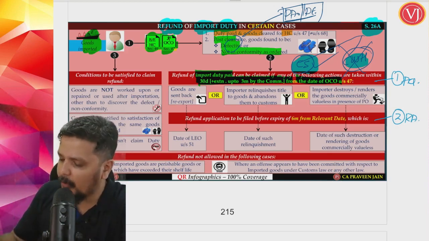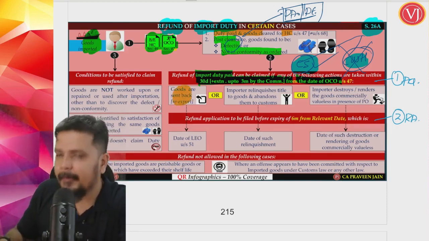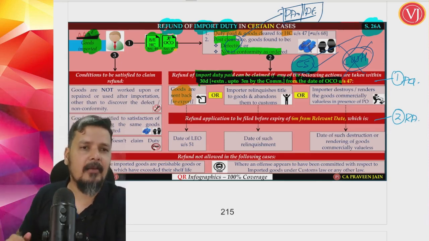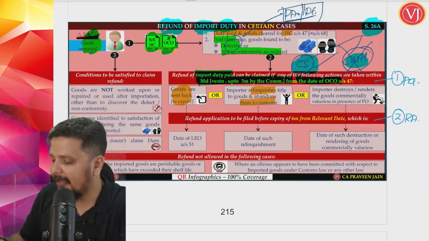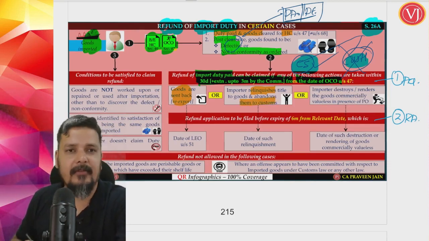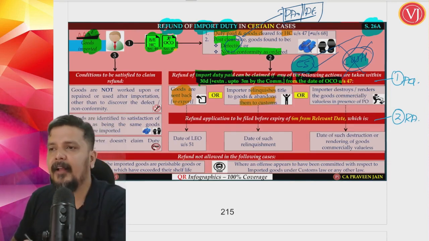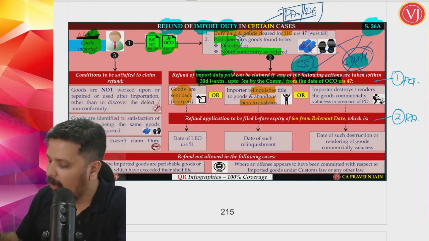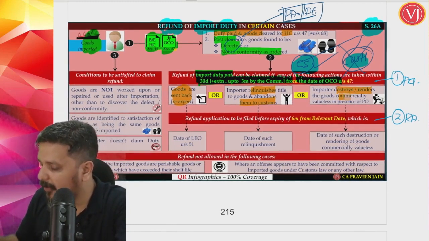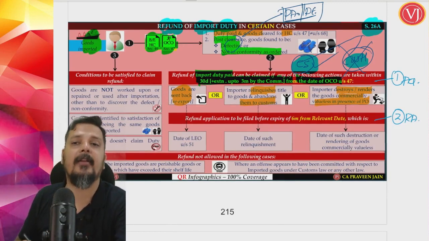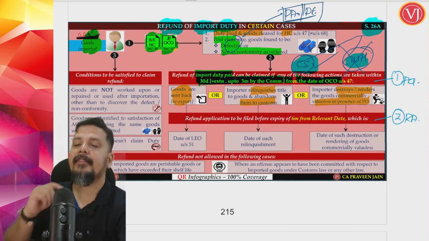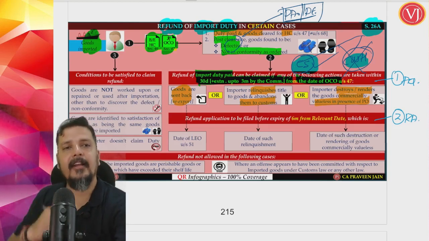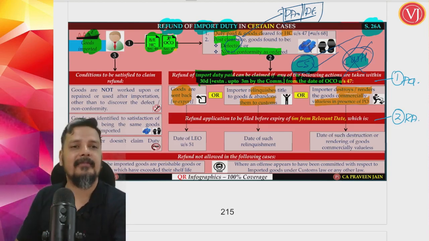You are required to do what? Either send back the goods, re-export, or relinquish the title and give the title to the Commissioner of Customs. Either send it back, or give up the title, or destroy the goods in front of the officer and make it commercially valueless. Send it back, relinquish, destruction.